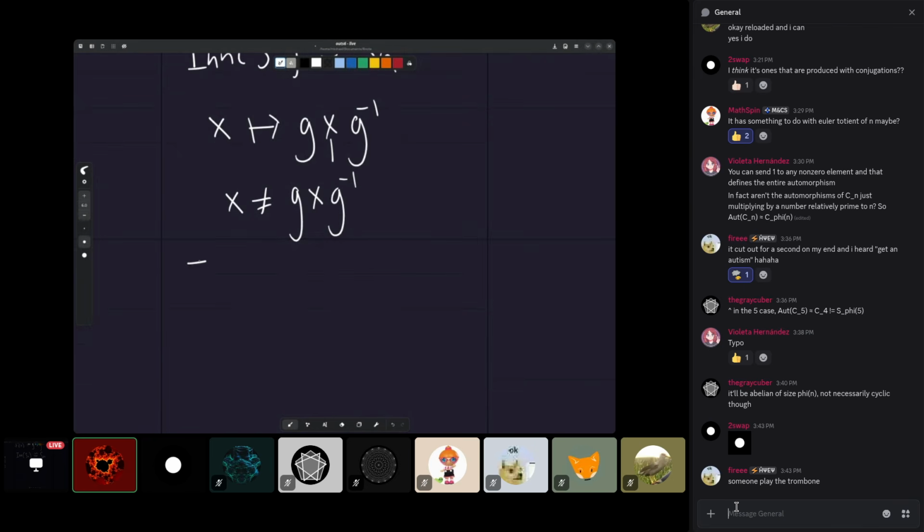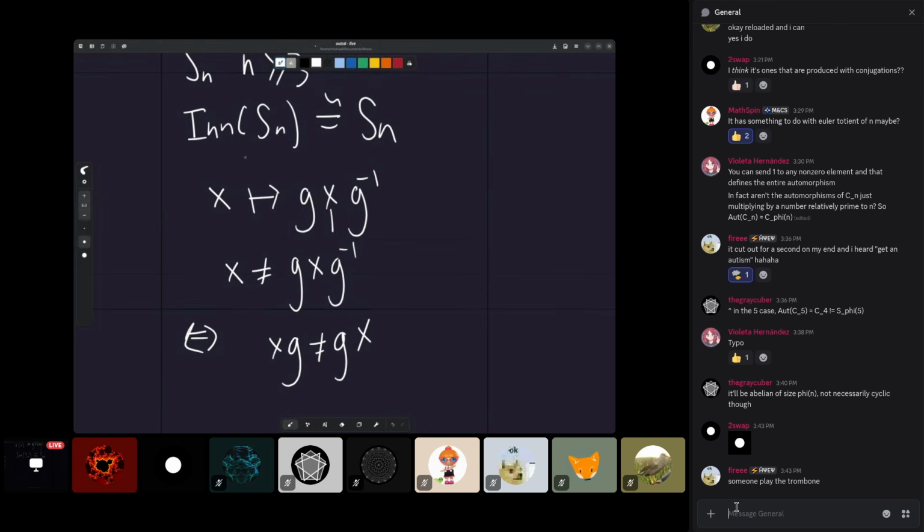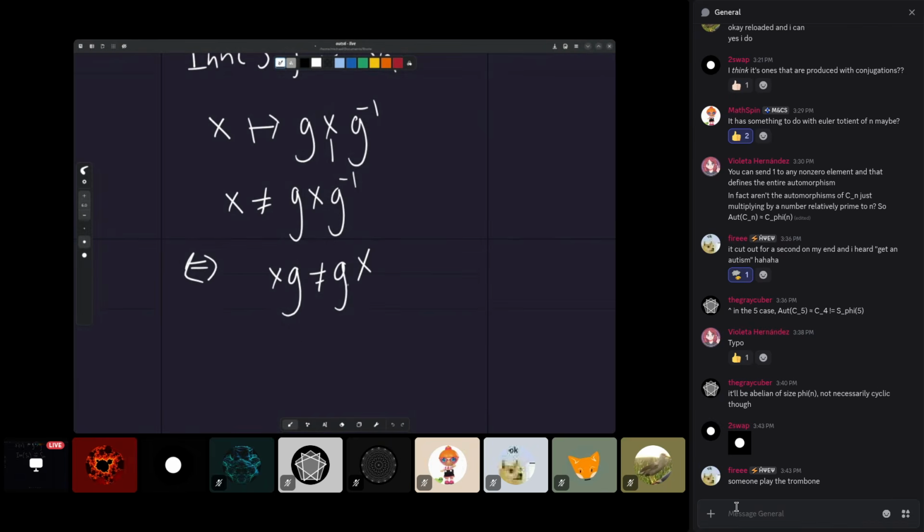And that's if and only if xg is not equal to gx. So this is equivalent to: for every element g, there exists an element x that it does not commute with.